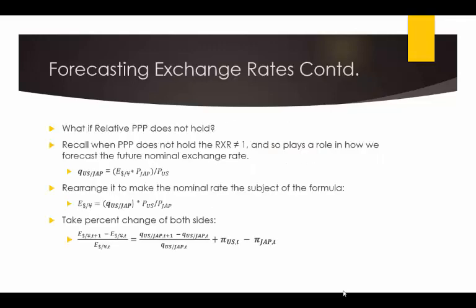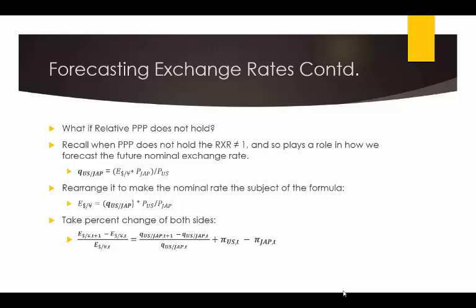What if relative PPP fails to hold? Since, as we have seen, most empirical tests show that within a year, the deviation from PPP is still substantial. We can still forecast future exchange rates, but now we have to bring in the real exchange rate to help out here.